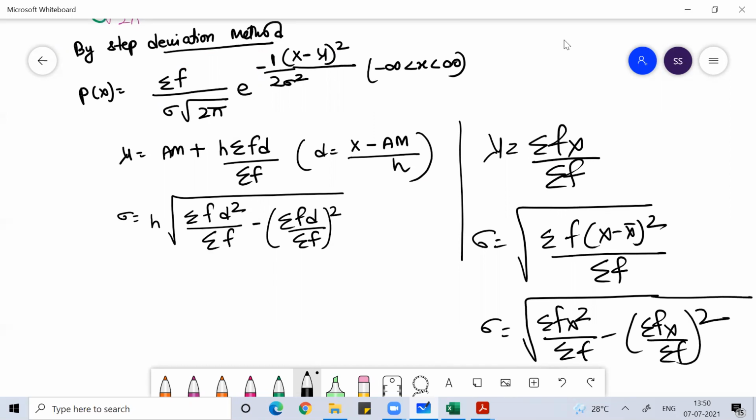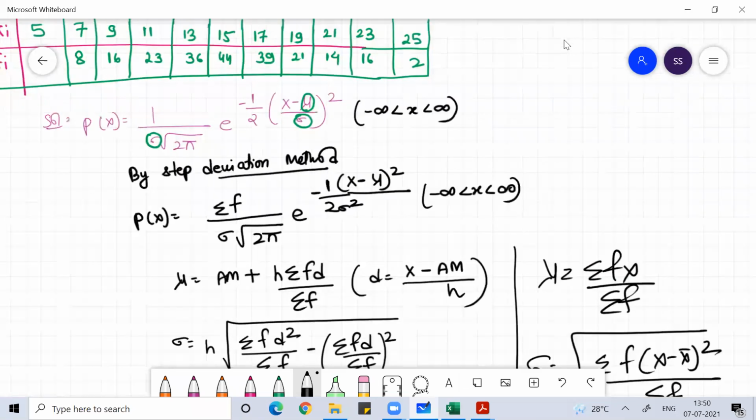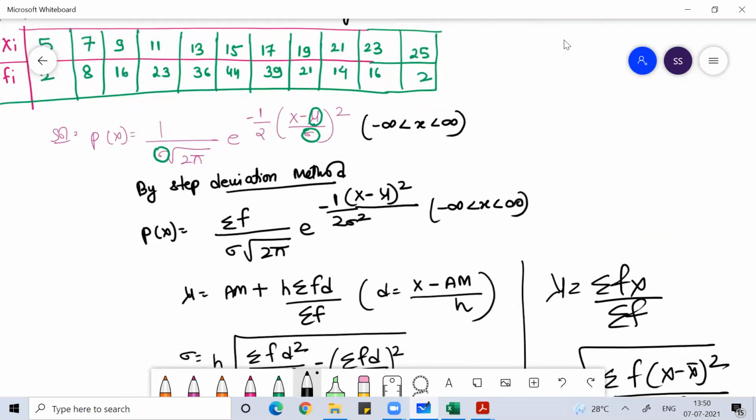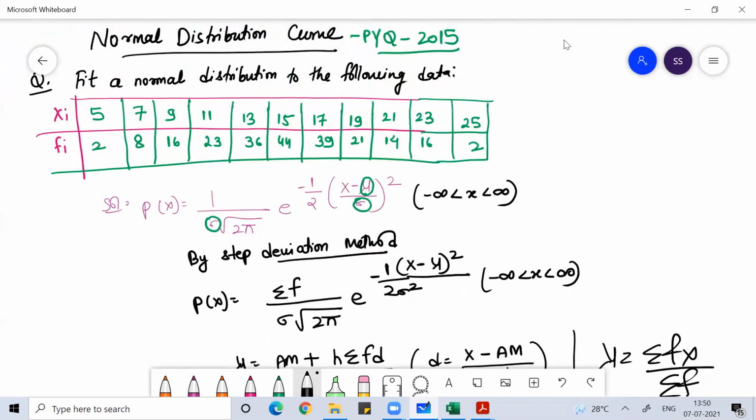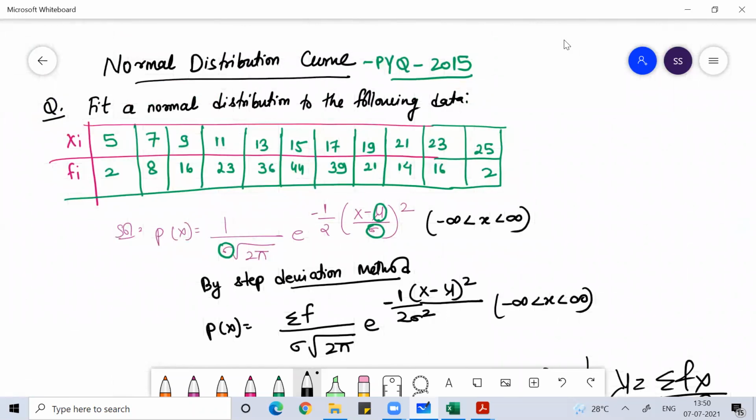So it depends on you how you want to calculate your probability distribution function, mean, standard deviation, everything. Based upon that we'll do the required calculation. Clear? Any doubt?